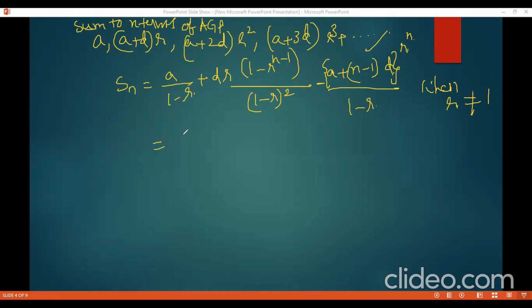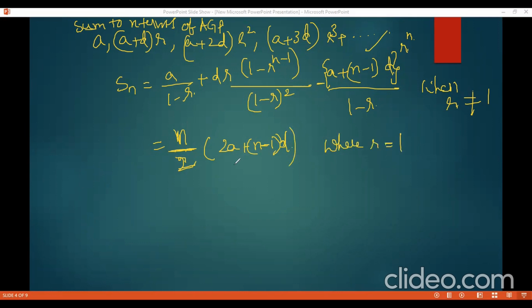Similarly, when r is equal to 1, what will be the sum? The sum will be n by 2 into 2a plus n minus 1 into d, the normal sum, where r is equal to 1.